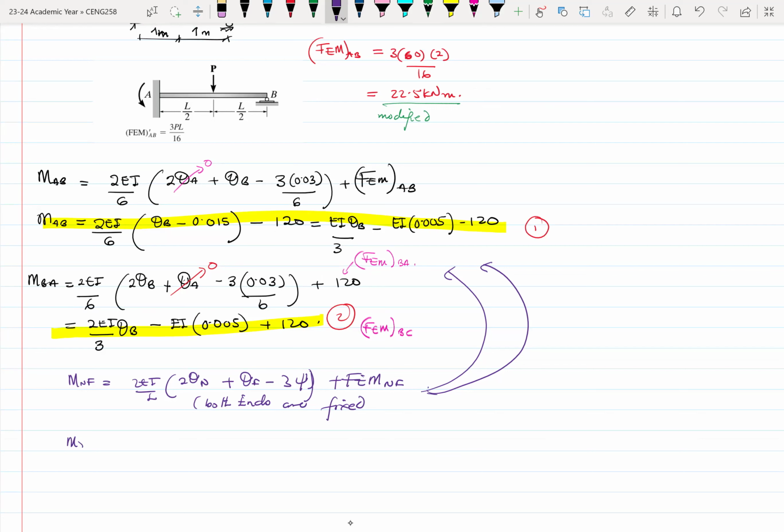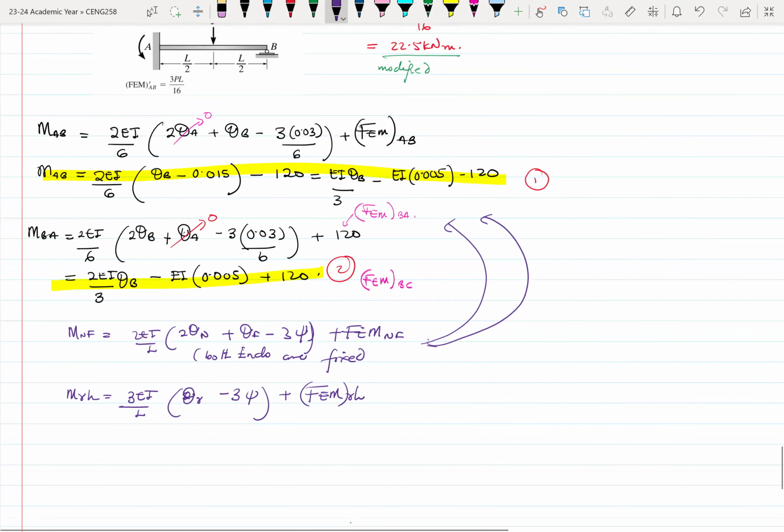Now we are using this new approach. MRH is equal to 3EI over L times theta R minus 3 psi, plus the modified fixed end moment.